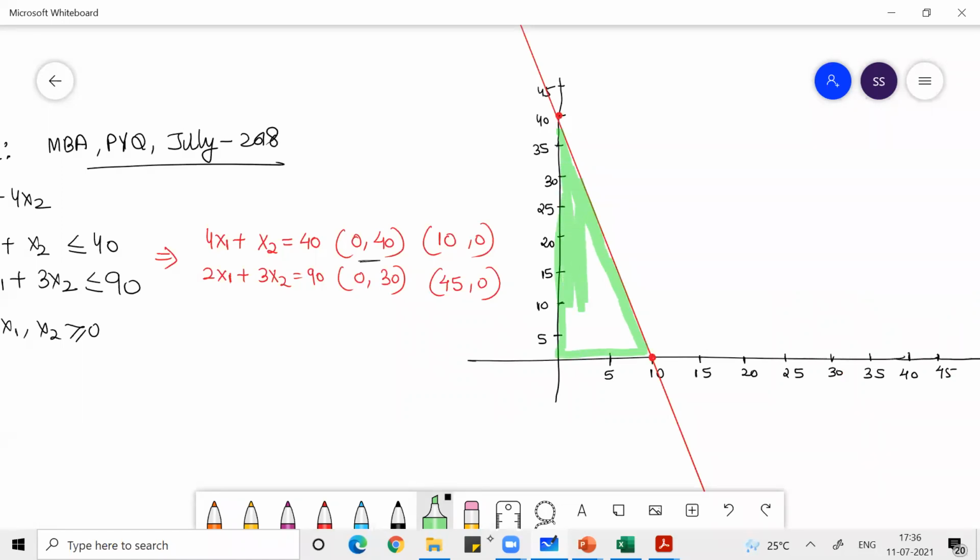Here x1 and x2 both should be greater than or equal to 0, so this would be your area, because x1 and x2 both should be greater than or equal to 0, and the constraint is less than or equal to. Clear, everyone? Yes, sir. I'm happy that you are understanding.